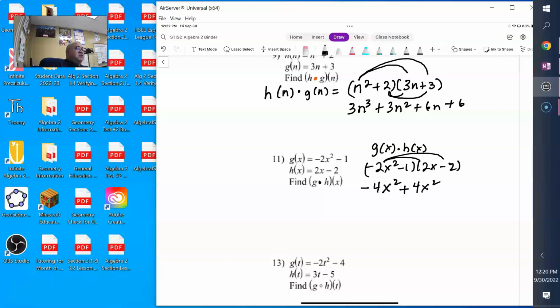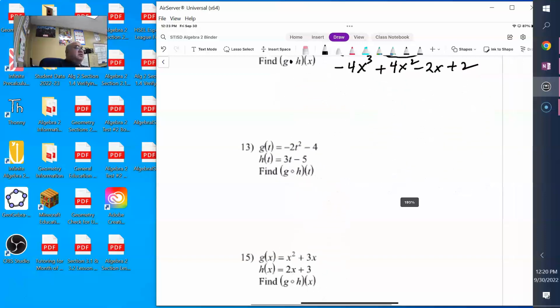I'm going to stop. I made a mistake. Negative 2x squared times 2 is negative 4x squared times x. That's x times x times x, so that's x to the third power. You got to be able to recognize your mistakes. Negative 2x squared times negative 2 is 4x squared. Negative 1 times 2x is negative 2x. And then negative 1 times negative 2 is positive 2. So the product of g of x and h of x is negative 4x cubed plus 4x squared minus 2x plus 2.